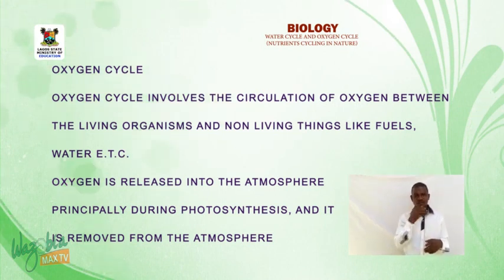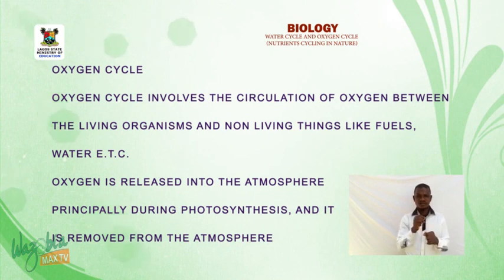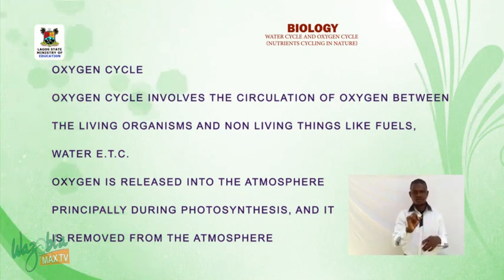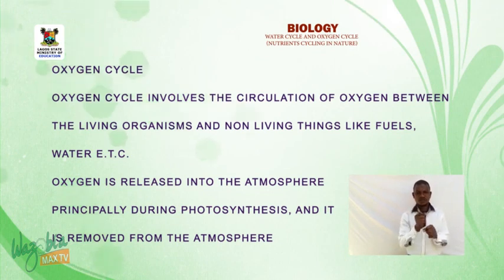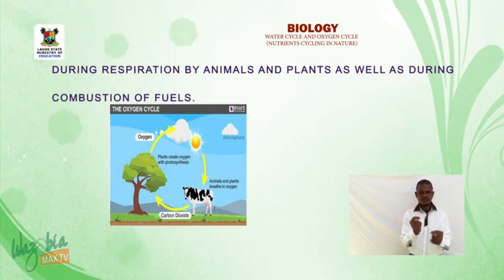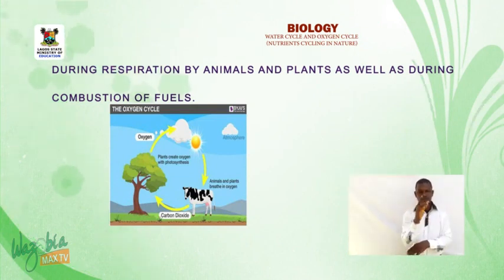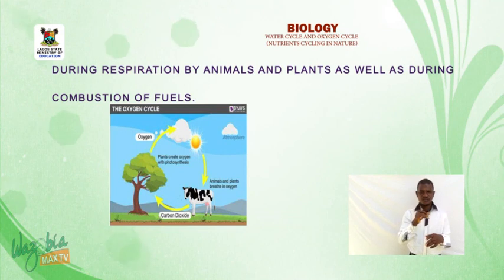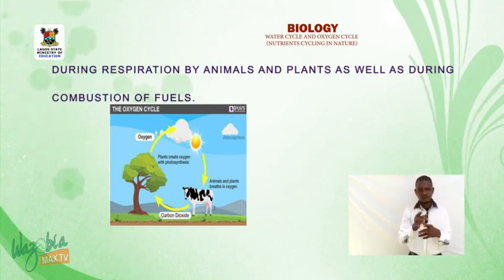Oxygen is released into the atmosphere principally during photosynthesis, and it is removed from the atmosphere during respiration by animals and plants, as well as during combustion of fuels. Look at the diagram of oxygen cycle. Take note of the direction of the arrow.